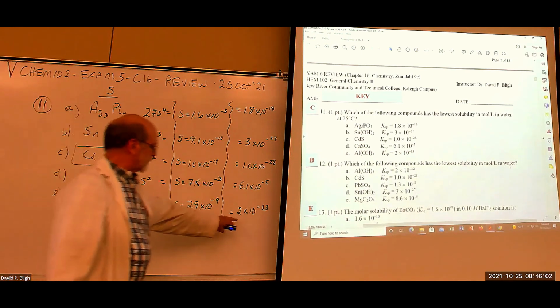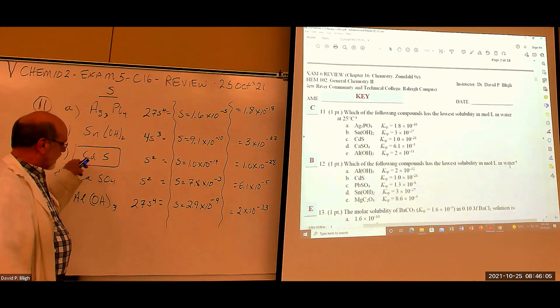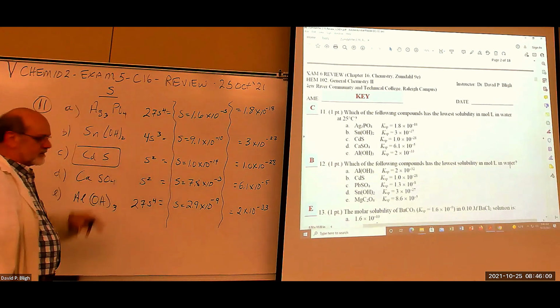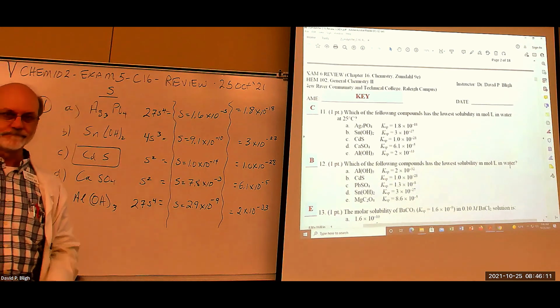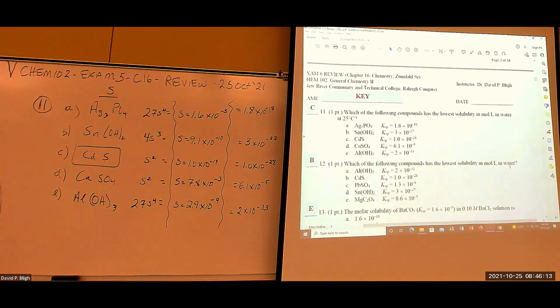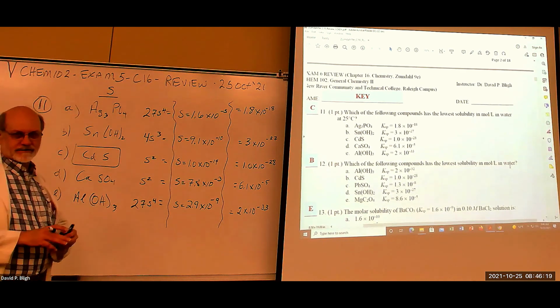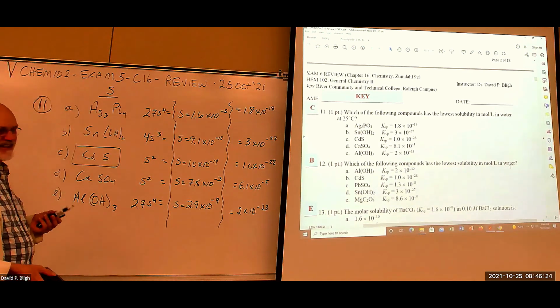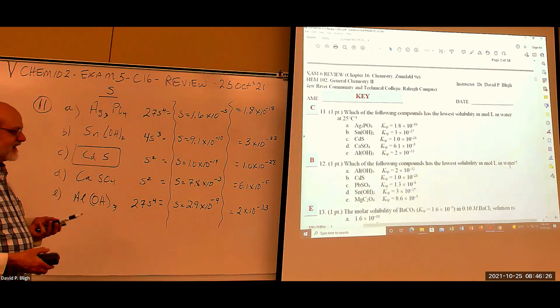You have to calculate the solubility and find out that this one is the lowest, the least soluble, cadmium sulfate. The worst part of all that is it's recorded. Any questions? Okay.